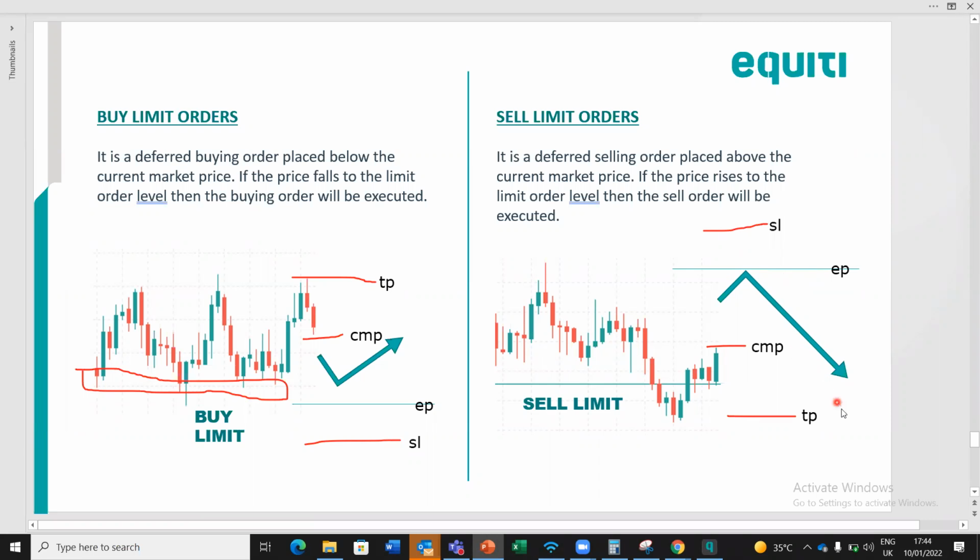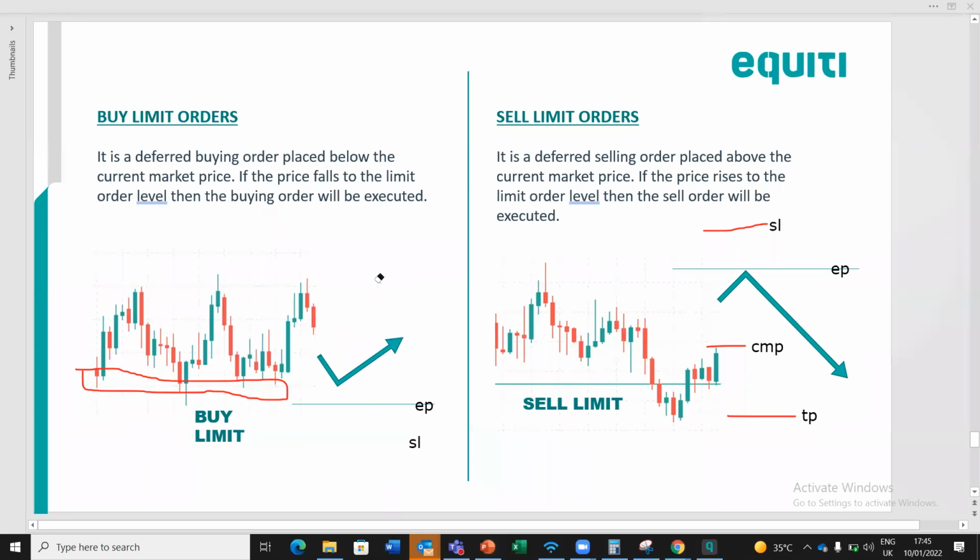The more it keeps depreciating, we have our take profit here. Should it break through this level and continue to go up, then we will be in loss. That's why we have the stop loss to protect us from huge losses.